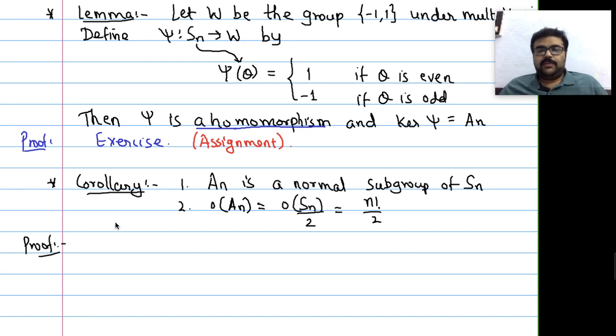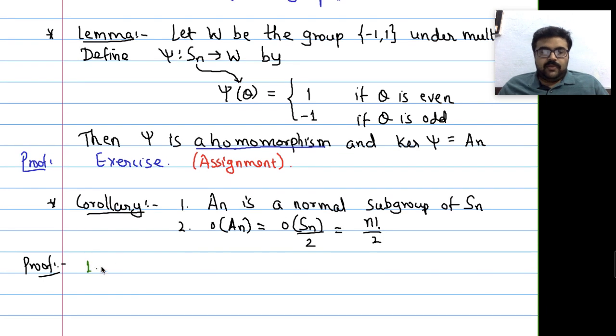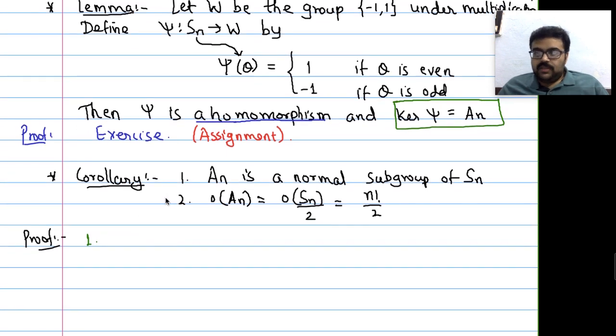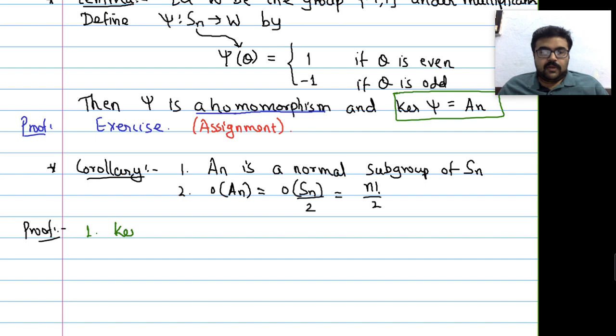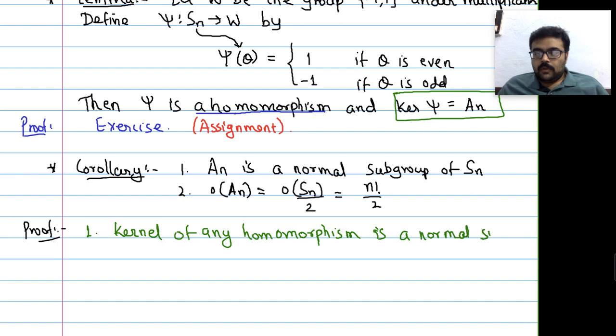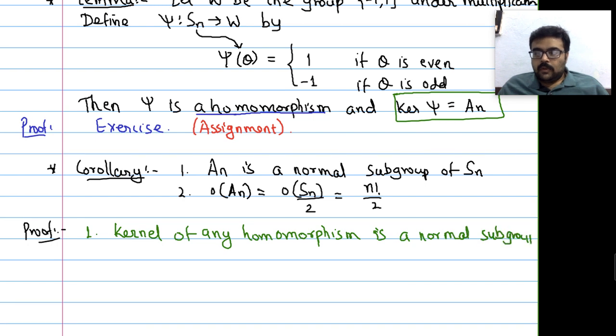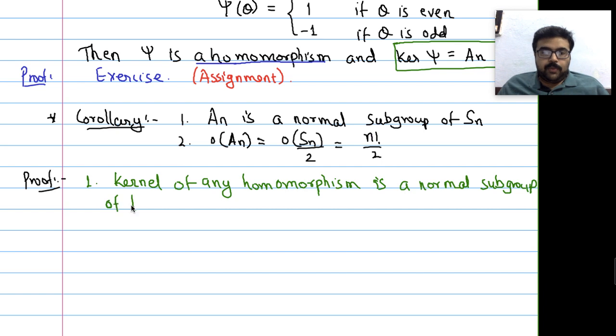If you prove that psi is a homomorphism, then for the first one, An is a normal subgroup, since you show that kernel of psi is An, and kernel of any homomorphism is a normal subgroup of the domain group.